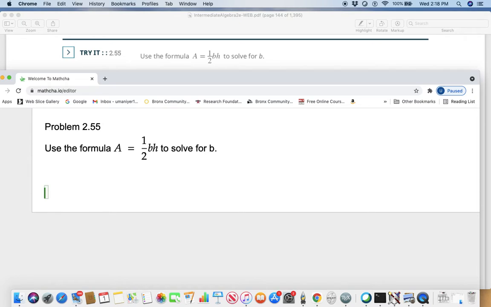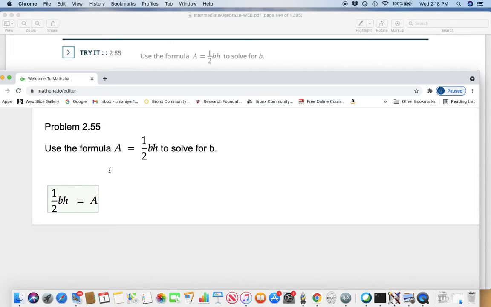So what do I do? I'll take that part and write it on the left. I simply flipped my formula around so that I have B on the left. I have a denominator. How do you get rid of a denominator?